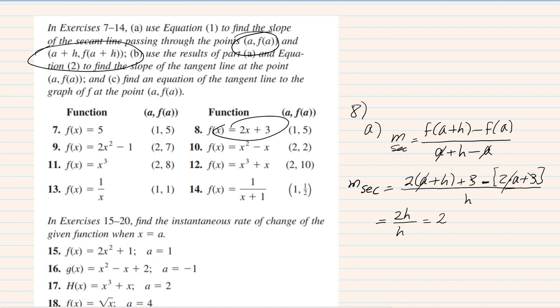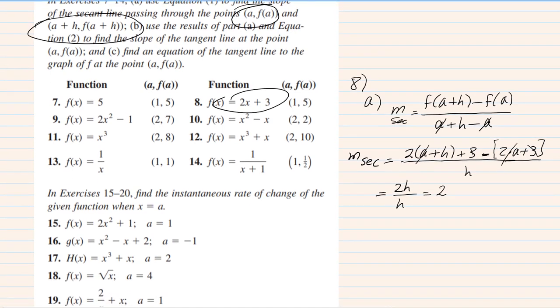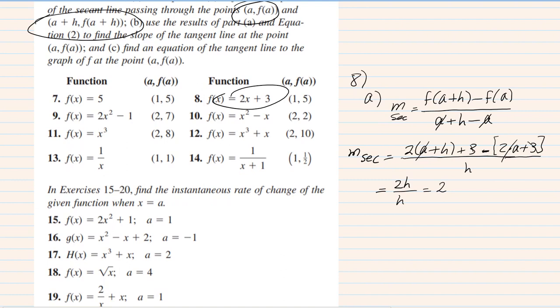Okay, so it looks like the slope of a secant at any point, remember we kept a general in part a, so the slope of that line is 2, right? Now that's interesting. How can that be? When you have a linear function, let me draw this line. Suppose this is 2x plus 3. And here's a point.